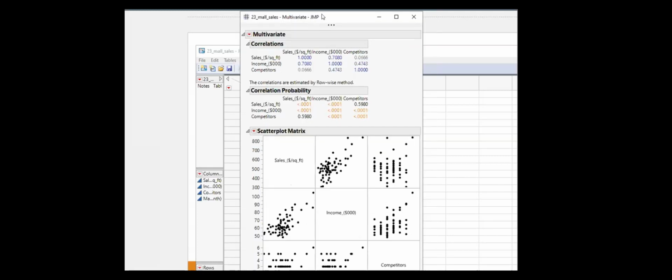Of course, more companies and more stores are being opened because they all want to make profit, right? They all want to sell. When they know people have money in their hands, they want to open stores and have sales. So as a result, more income is associated with more competitors, right? So that's the first part, which is the correlation matrix.